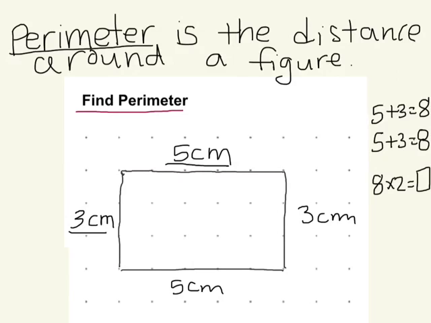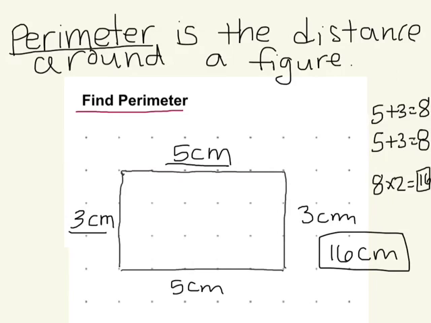Now I could have added 8 plus 8, but I decided I wanted to be more efficient and multiply, so I did 8 times 2 since I had 2 eights, and I came up with 16 centimeters. So the perimeter of this figure is 16 centimeters. Do you agree? Nice job.